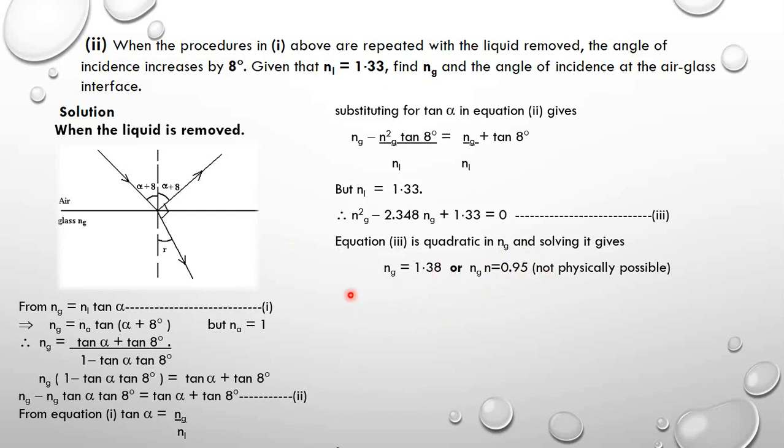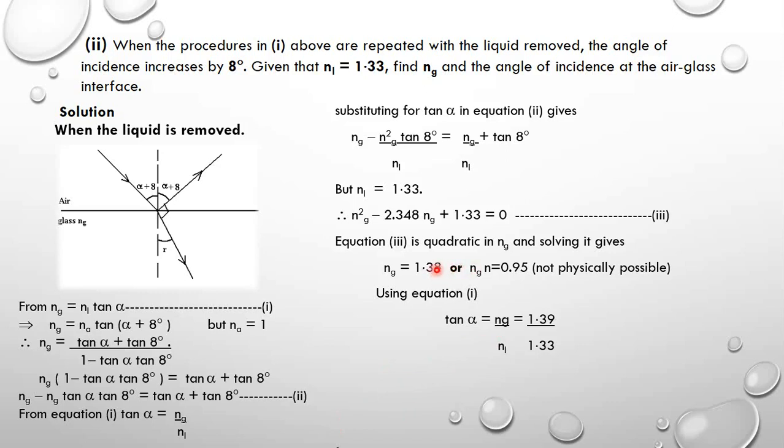So we shall use Ng to be 1.38. So after that, we shall substitute for Ng in equation 1, and we shall have tan of alpha is equal to Ng over NL, which is equal to 1.